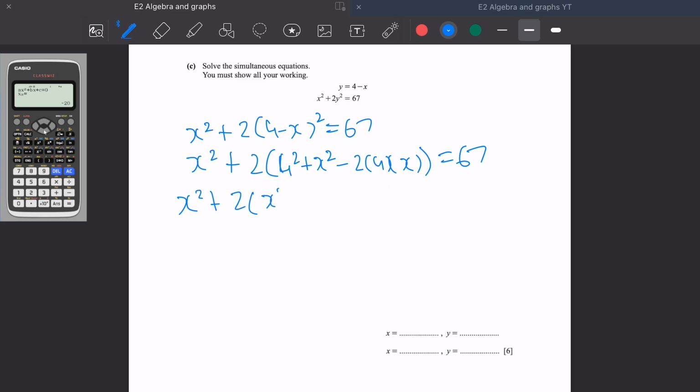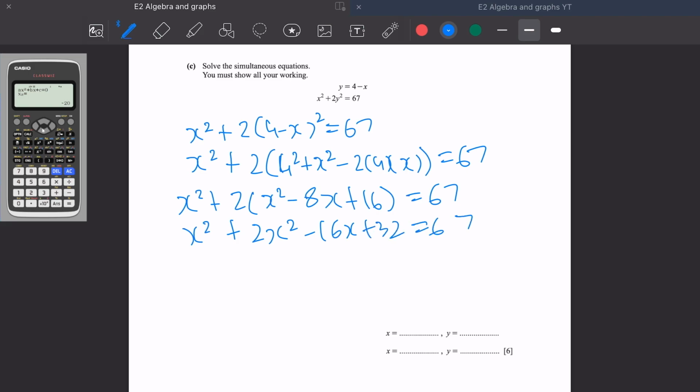This becomes x squared plus 2 into x squared minus 8x plus 16 is equal to 67. X squared plus 2x squared minus 16x plus 32 is equal to 67.